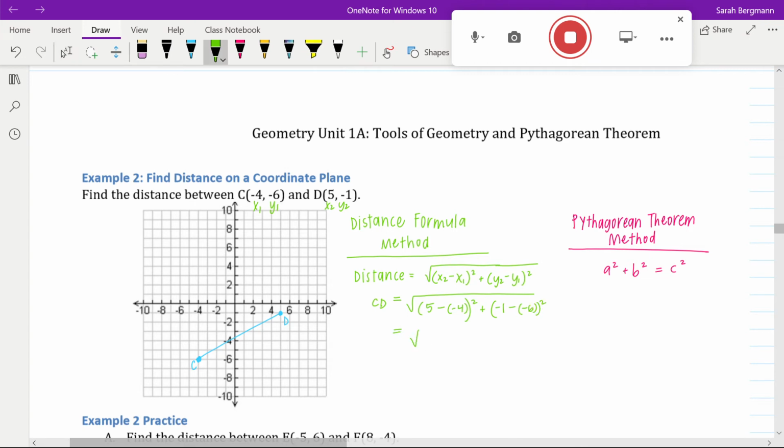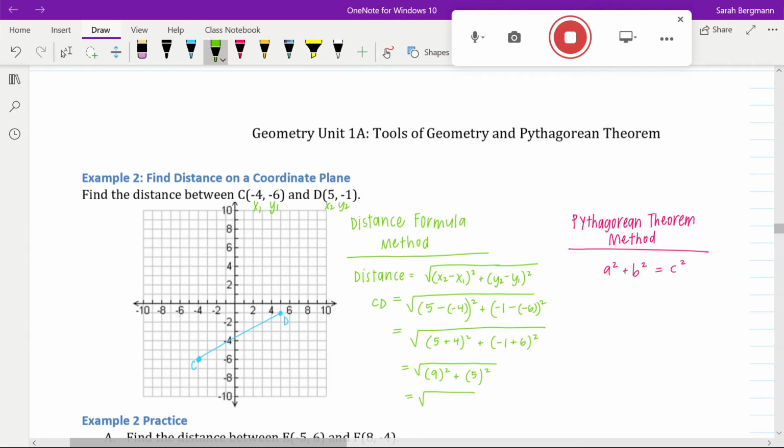Now all you have to do is follow the order of operations, which says you need to do what is in parentheses first. So we'll simplify this to minus a negative, we can simplify to plus. Same here. We have minus negative 6, we can simplify that to plus 6. So inside of our parentheses we have 5 plus 4, that gives us 9. Negative 1 plus 6 gives us 5.